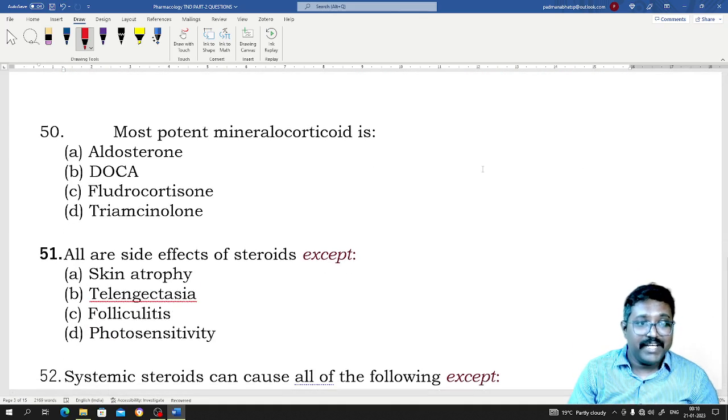So coming to the 50th MCQ, the most potent mineralocorticoid is... So please remember, you need to remember two things. One is the AM and the BG.